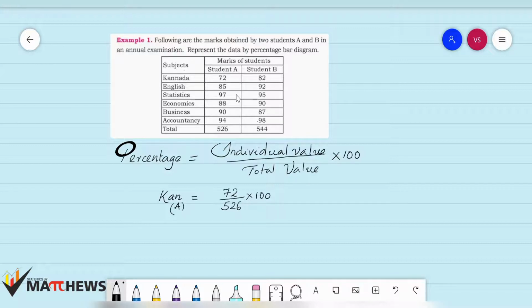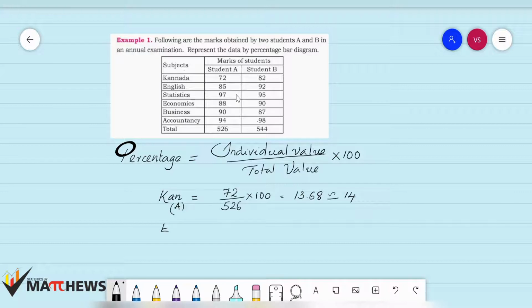It is 72 divided by 526 into 100. It is 13.68. So in other words, we can round this or approximate it to 14 marks, students. 14 marks.